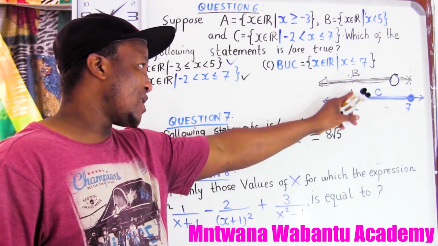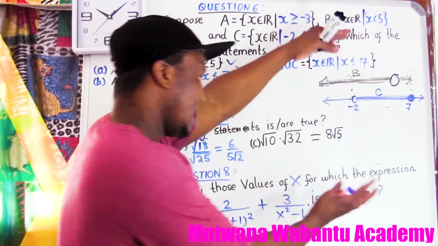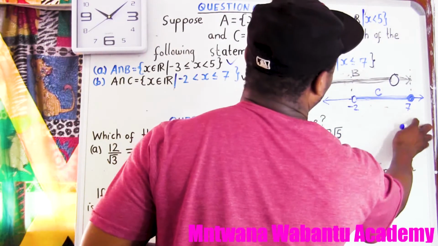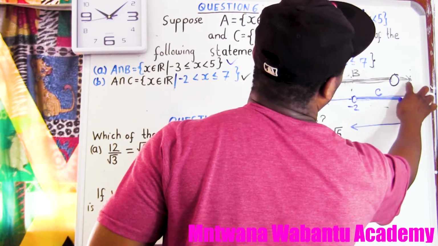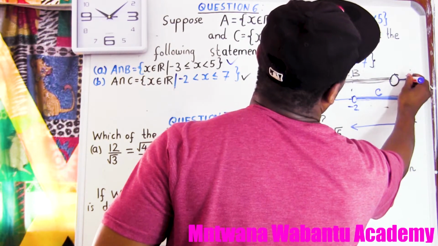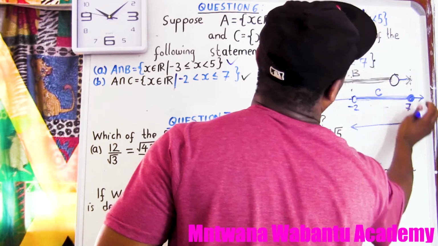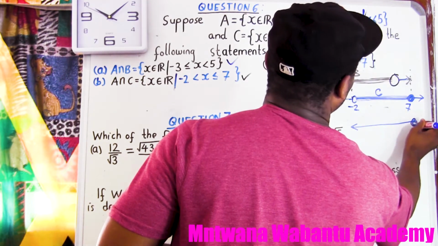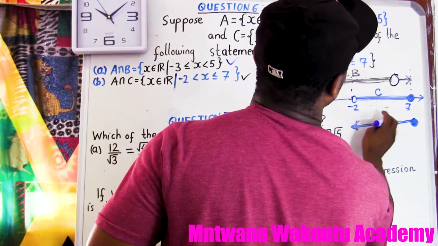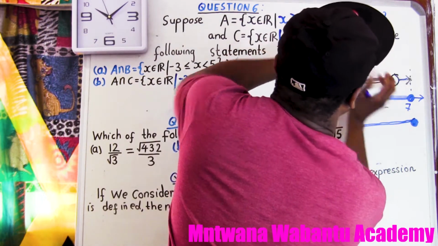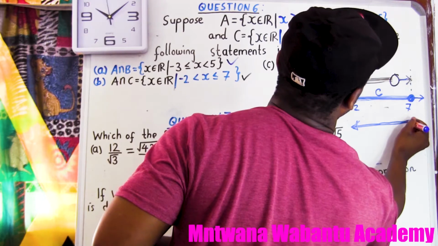So even if there's a gap here, this one is going to come and fill it in everywhere. So our new number line is going to start from positive 7 all the way, because everywhere is going to be united, but the biggest one is going to be positive 7.